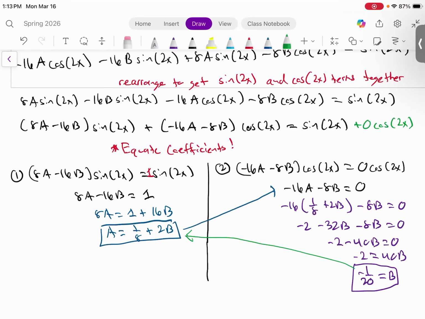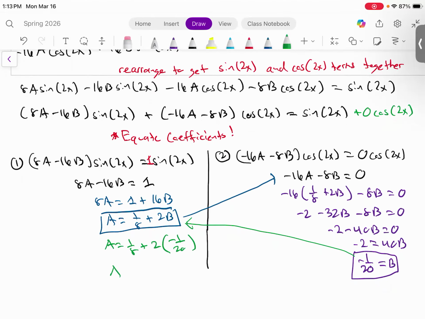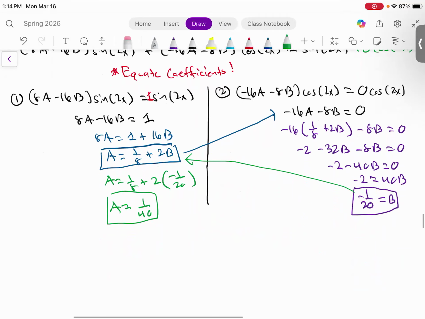So I would get a equals 1/8 plus 2 times negative 1 over 20, and that ends up being just 1 over 40. Okay, so we have a and b now. So we're on to our final stages of just writing up our complete solution.